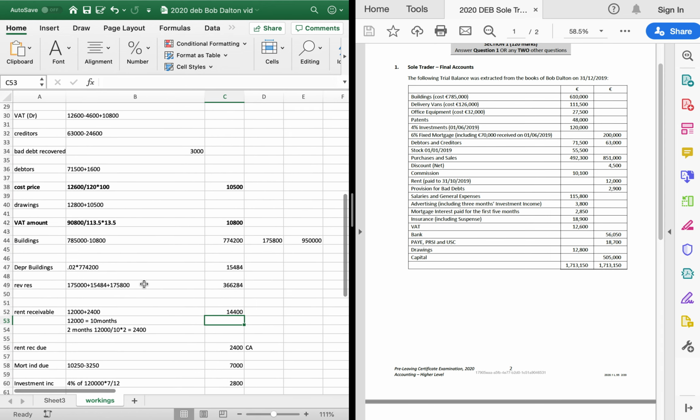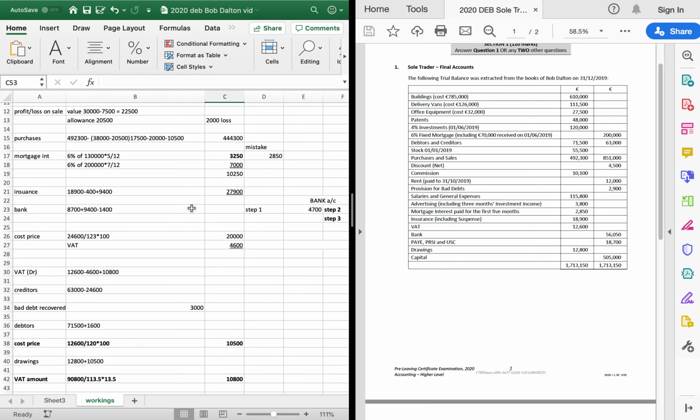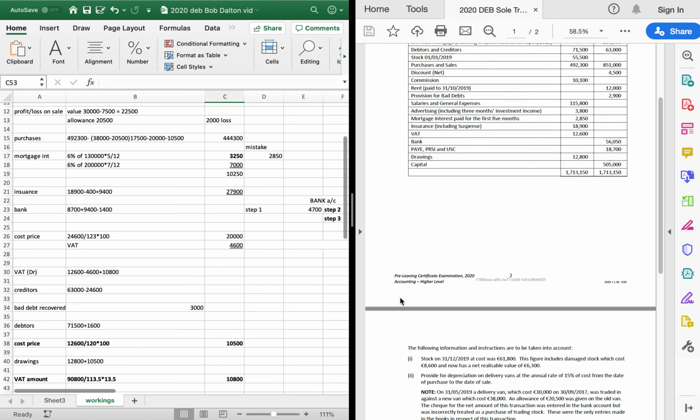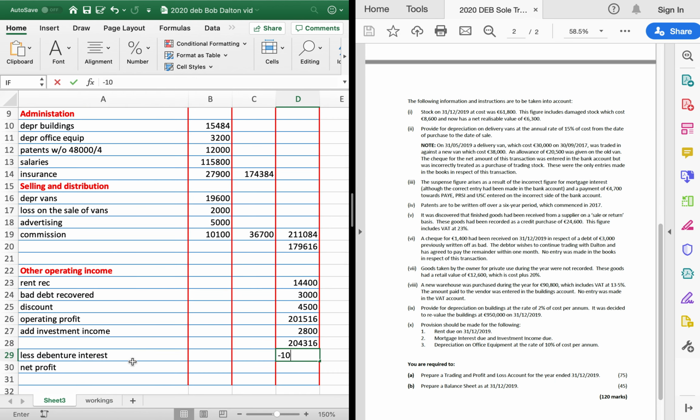It's up here somewhere. 10,250. Just make sure there's no drawings in the mortgage. Often they put in that. Nope. So 10,250 can go in. So it's 194,066 for a net profit.